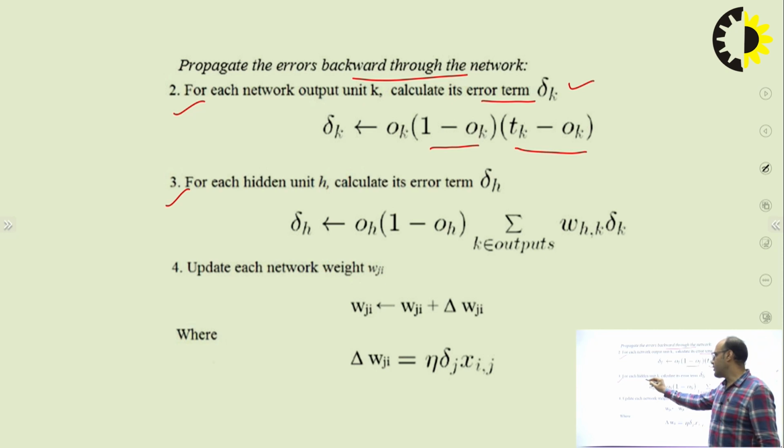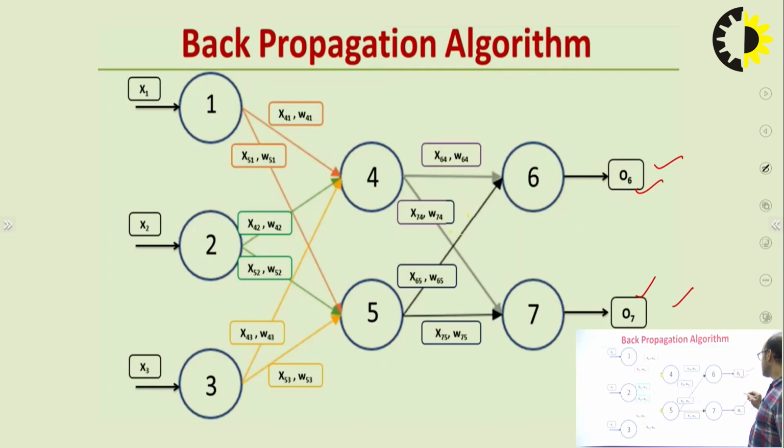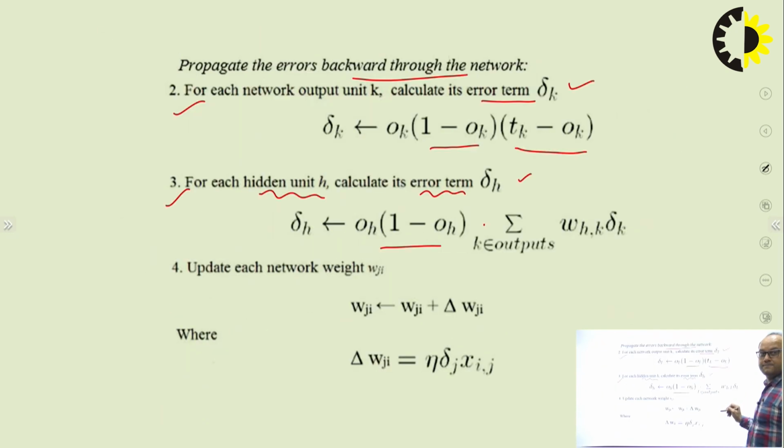For each hidden unit, the error term delta h is calculated as oh(1 - oh) times the summation over k belonging to outputs. It depends on how many processing elements are in the output; in our case we have 2 outputs, O6 and O7. For each output we calculate wkh delta k.